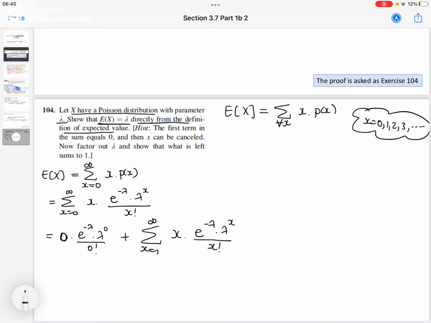Isn't that true? So if we're adding from x equal to 0, meaning x equal to 1, x equal to 2, x equal to 3, 4, 5, and so on, we could break down the summation and substitute for each x. So I'm going to only start with x equal to 0, right?